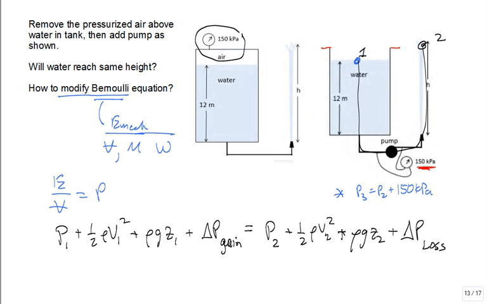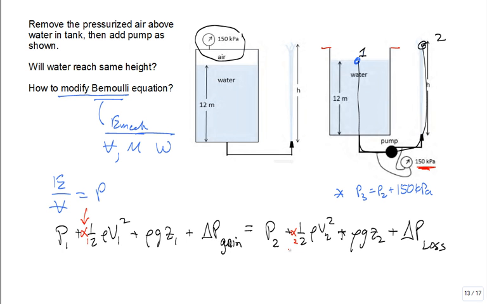If I can account for gains due to something like pumps, I can account for losses due to maybe some modification for frictional losses. Only one other thing we could put in here to really make it look fancy: alpha. What is that alpha? Kinetic energy correction factor, which normally is 1. Close enough to 1, we ignore it. And this could be the alpha at 1 and the alpha at 2 if you wanted to really get sophisticated.